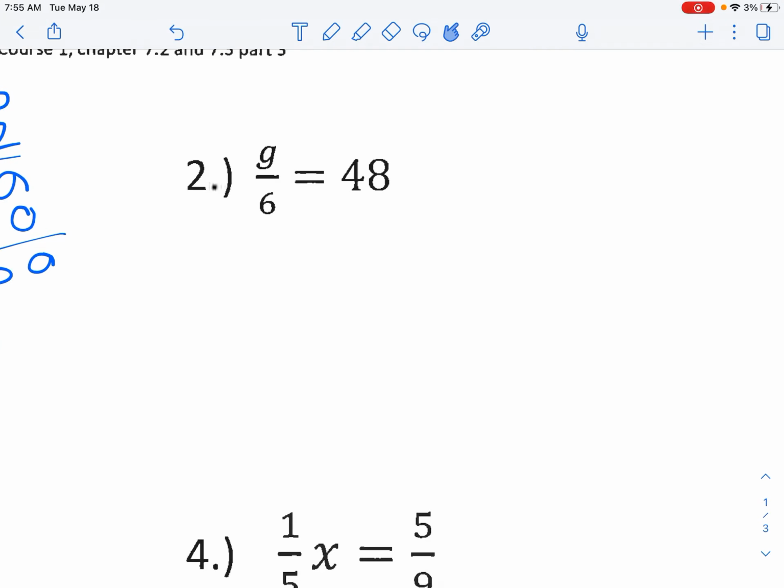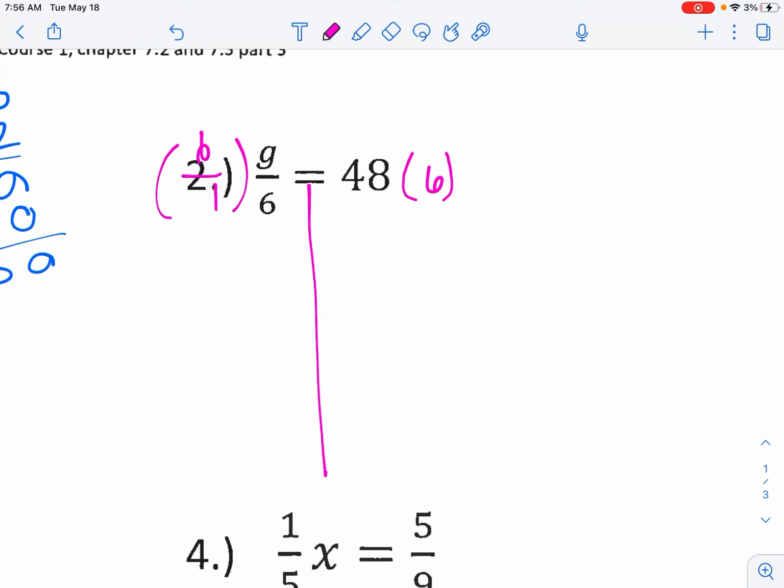What number divided by 6 equals 48? So the opposite of dividing by 6 is multiplying by 6. So over here, I'm going to multiply the left by 6 and the right by 6.